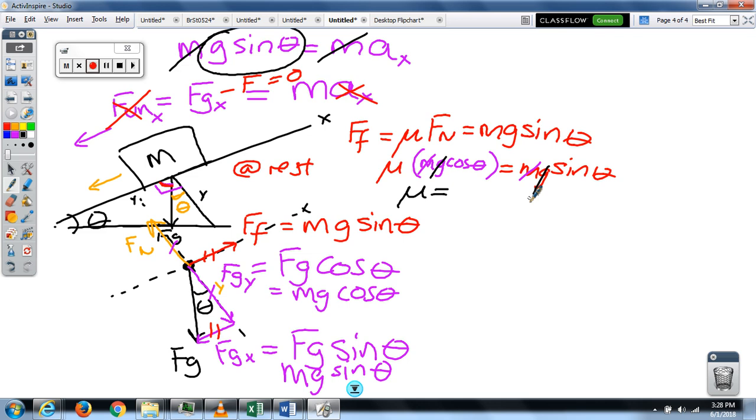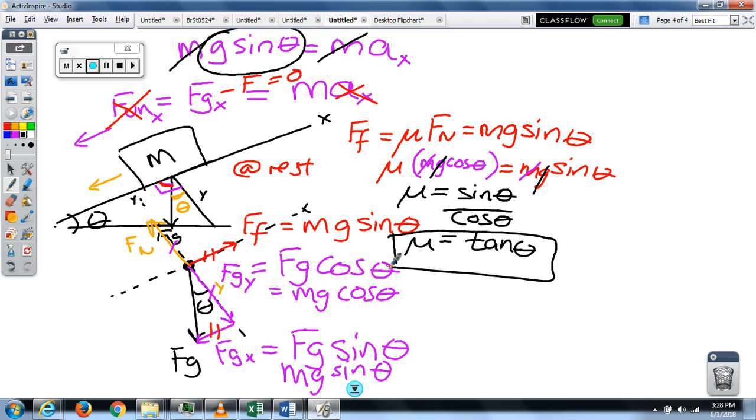So I can divide both sides by cosine. I get sine over cosine, which equals tangent theta. And so you get this interesting little relationship here that the coefficient of friction should always equal the tangent of theta if you want the object that's sitting on that surface to remain at rest.